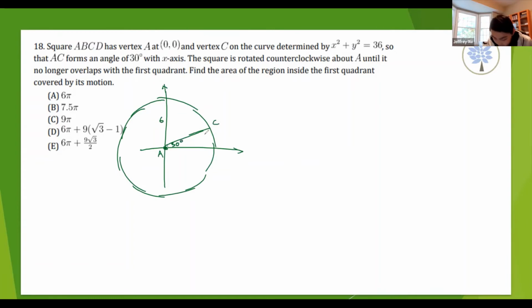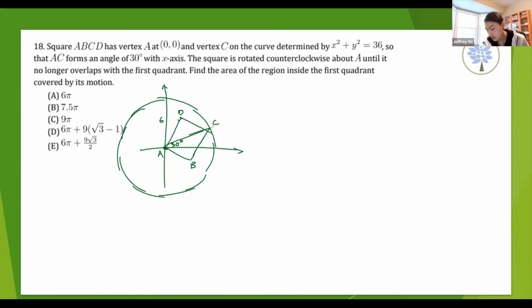And then B and D are somewhere there. It looks something like this. And the square is rotated counterclockwise about A until it no longer overlaps with the first quadrant.